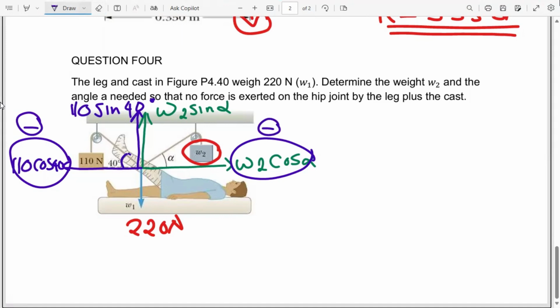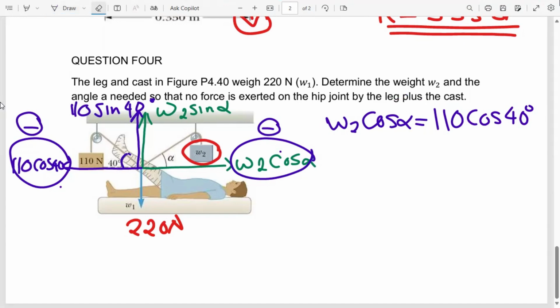This is pointing in the positive x direction, so I'll consider it positive, which means W2 cos alpha should be equal to 110 cos 40 degrees. You can tell I've taken this one from the other side. It was a negative before; it was this minus that being equal to 0. But I've taken it to the other side such that it has also become positive. That is our equation in the x-axis.